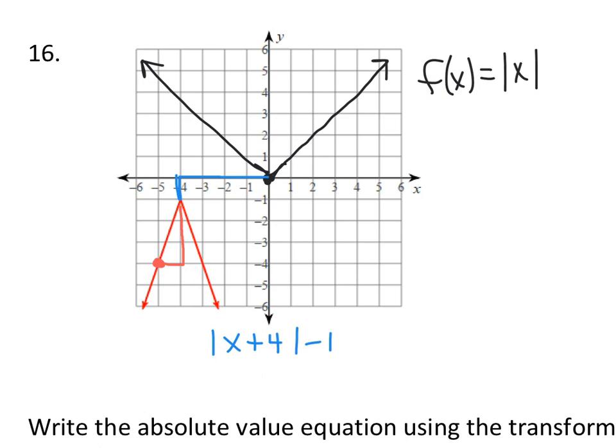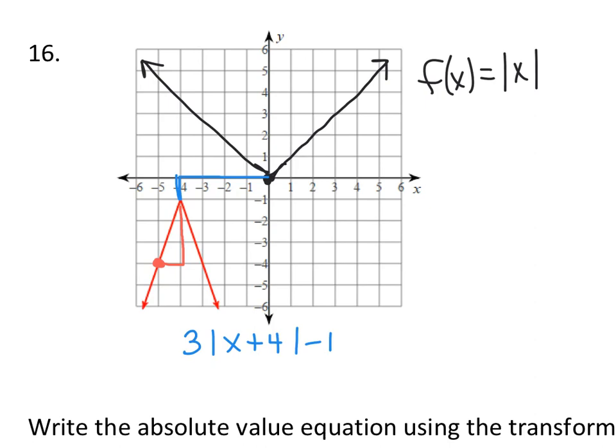With this red graph, we're actually going down 1, 2, 3 units and over 1 before we get back to the graph again. So that means that I must have a stretch of 3. So I'm going to put that stretch right in front of my absolute value symbol to show that my absolute value is being stretched by 3 by showing that it's being multiplied by 3.